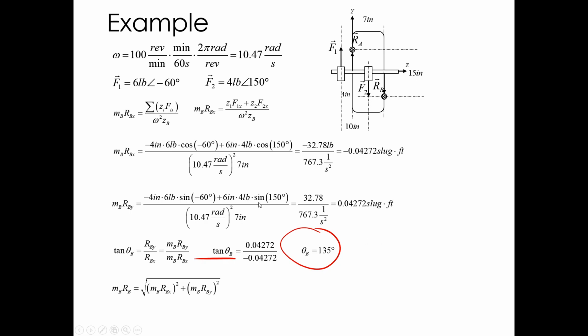Okay, now this is the case where I have RB at 7.5 inches, and I want to find MB. 7.5 inches, that's again a 15-inch diameter rim. This R radius is 7.5 inches. Slug feet, so I've got to convert inches to feet here. When I do that, I just have one unknown, MB.